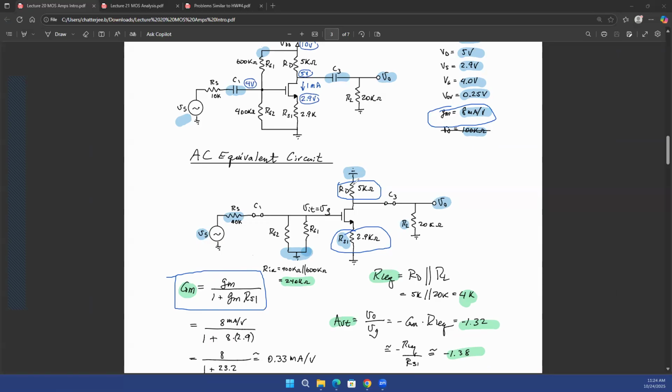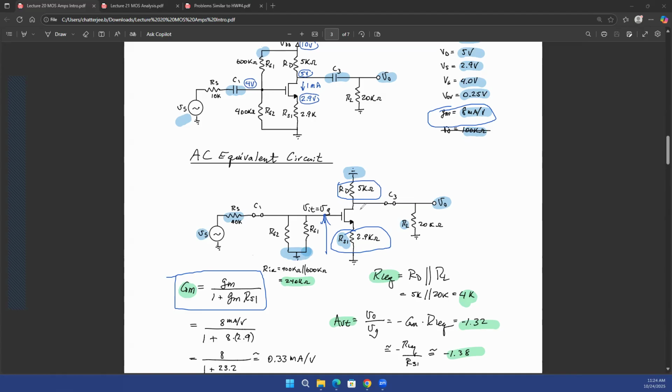You can also do the entire small signal model based analysis and figure it out, but it will be the same thing. If you have a source resistance for the MOSFET, the Gm for that configuration, a MOSFET with a source degeneration, is going to be gm divided by 1 plus gm RS, where you are trying to convert the voltage present at the gate to a current that flows through the drain.